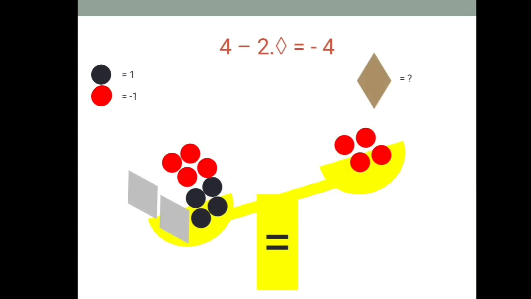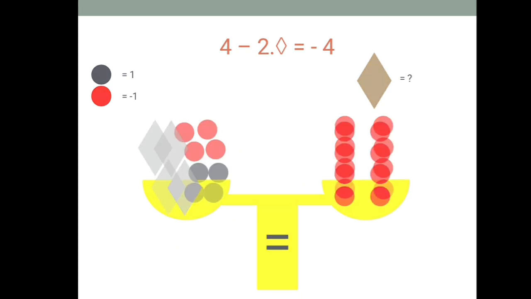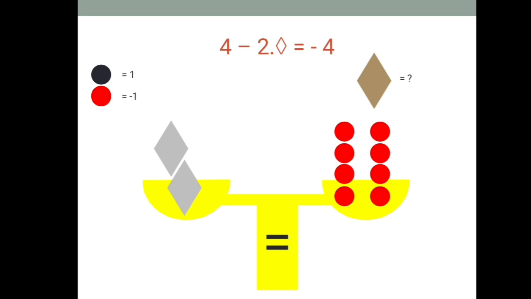Yeah, the scale became unbalanced again, because we just put the red balls in the left hand side. So to make it normal again, we should put 4 red balls in the right hand side like this, and the scale is balanced again. Then we know that 4 red balls and 4 black balls will become 0 or disappear, so it becomes like this.